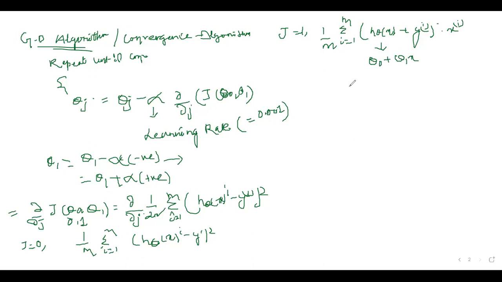The theta 1 value at the global minima will be taken as the best possible slope, and upon that we are going to build our best fit line. This is the complete equation I have told you regarding linear regression.